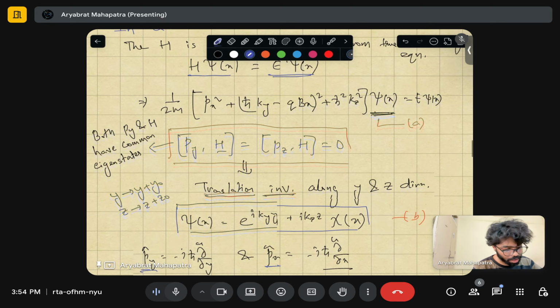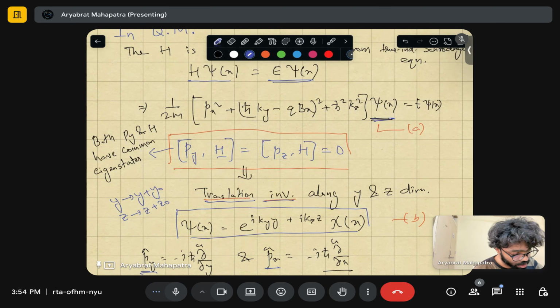Similarly, if you have Ly commutator with H equal to zero, then this means that if you rotate your system, it is rotationally invariant.